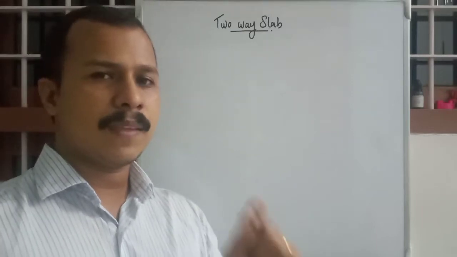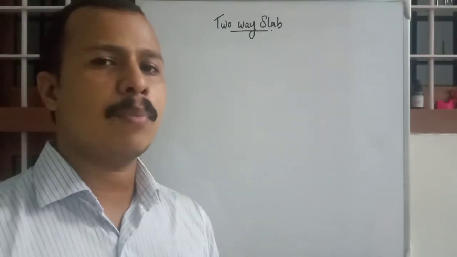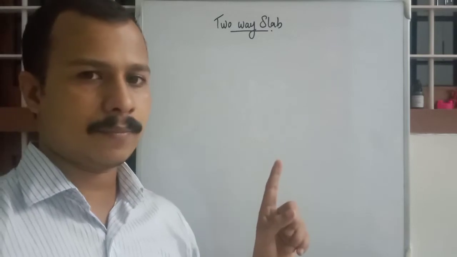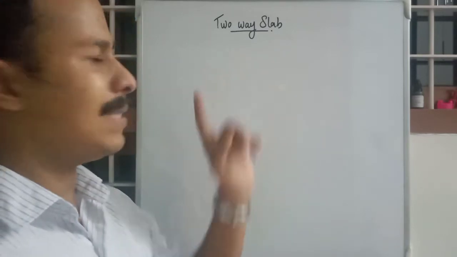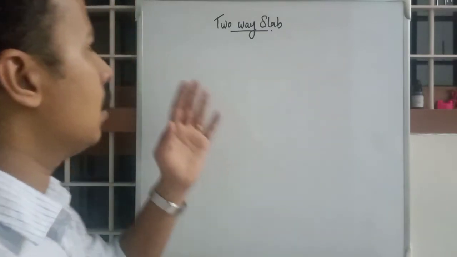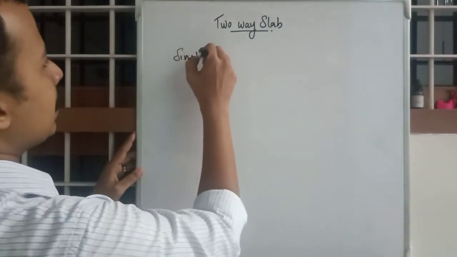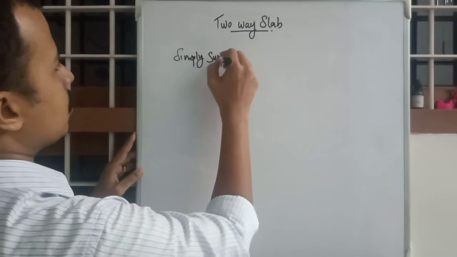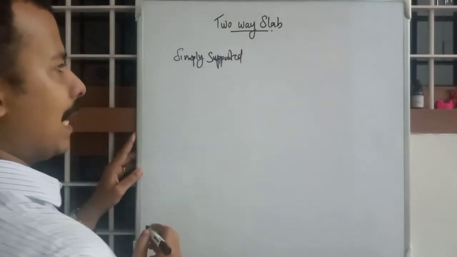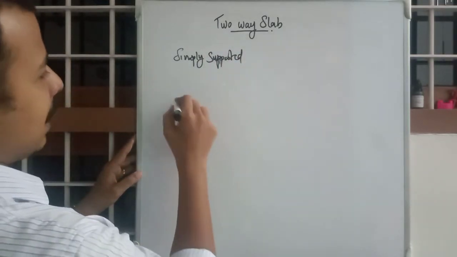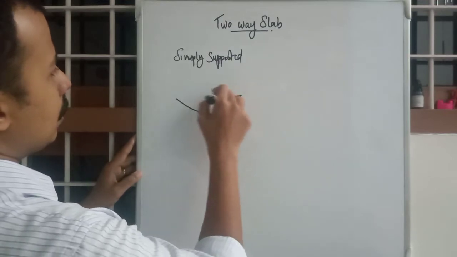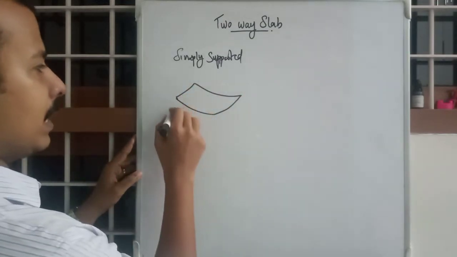In the last class, we discussed simply supported two-way slab design. While designing a two-way slab, you know what a two-way slab is? There are two types: simply supported two-way slabs, in which the slab can bend like this after loading.